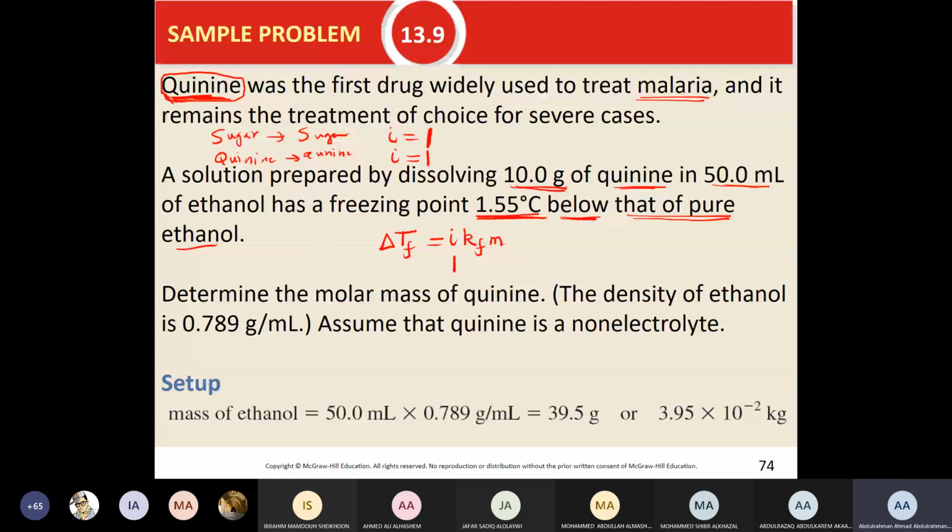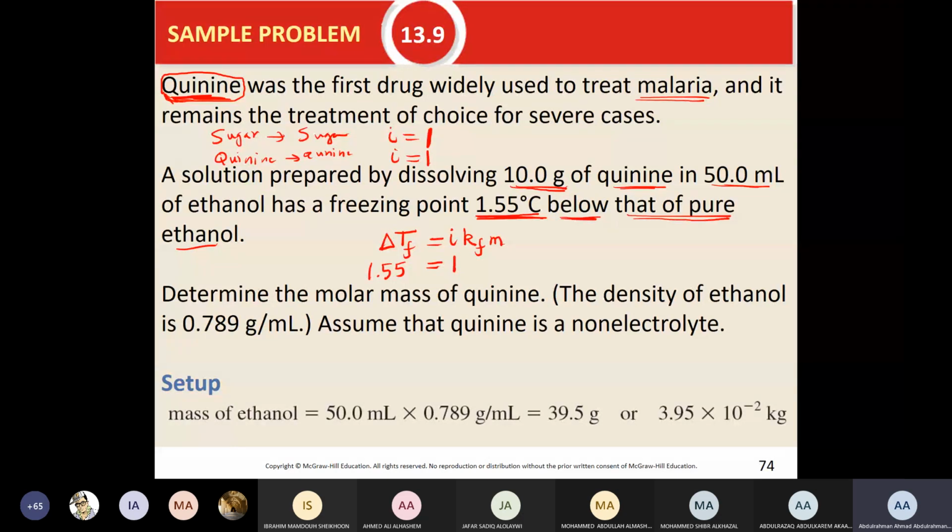What's delta T_f? It's $1.55, already given to you. What's K_f? Is it given to you? This is ethanol.